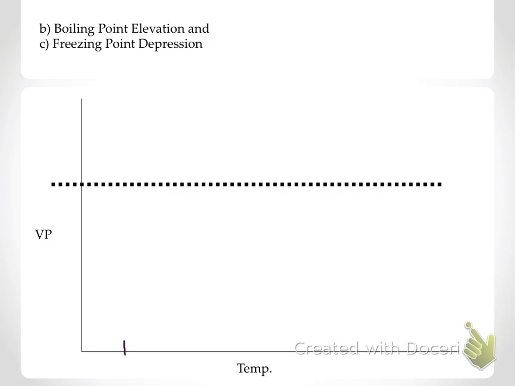So this will be 0 degrees Celsius. So right there for water, it's not a very good dot, right here for water represents our freezing point at 0 degrees Celsius. So let's draw just a dotted line to show that that is solid.